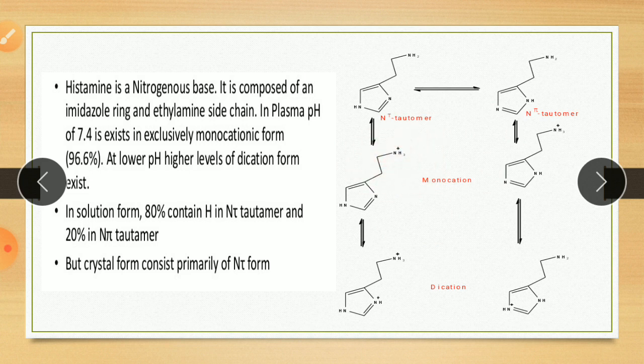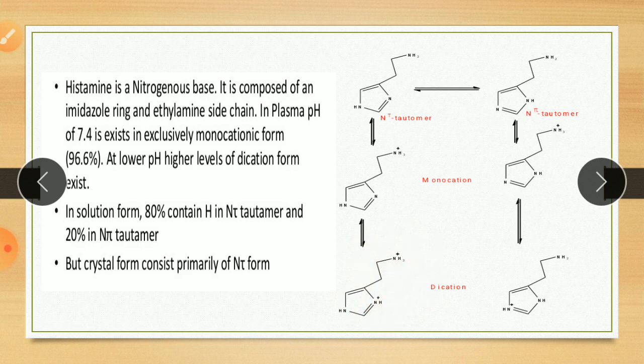Histamine at lower pH: a higher percentage of dicationic species exists. So at lower pH, histamine exists in this dicationic form, where there are two charges, on this nitrogen and on this nitrogen. That is called a dicationic species.